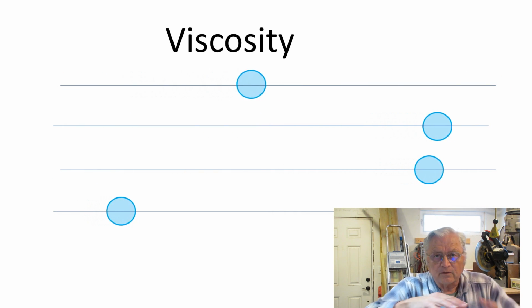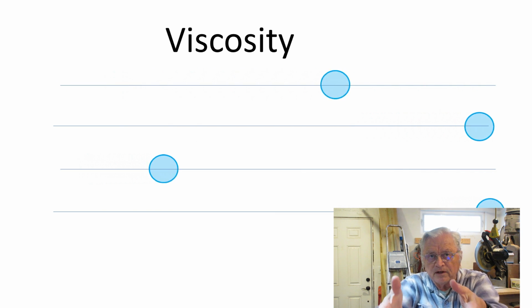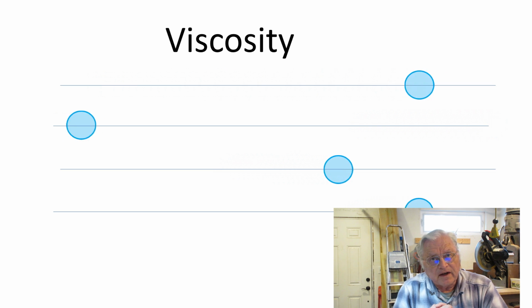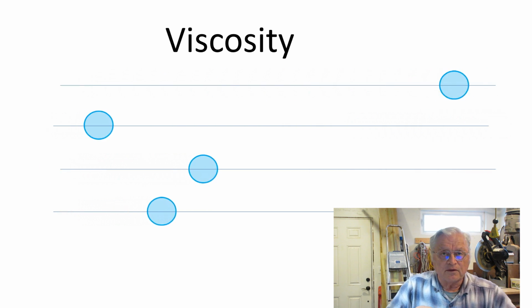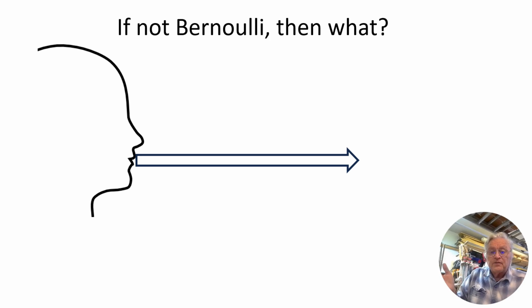And so we're transferring energy out of our jet into the surrounding air, and we're dragging it along, okay? And this is a big factor in what causes this paper to rise.